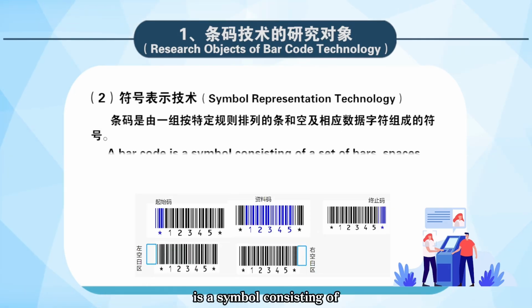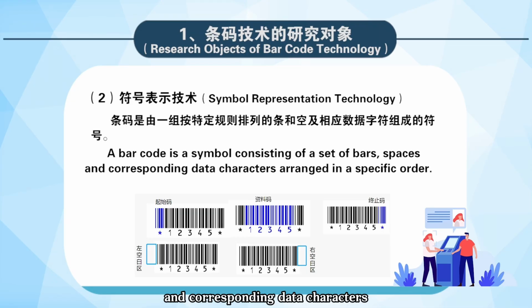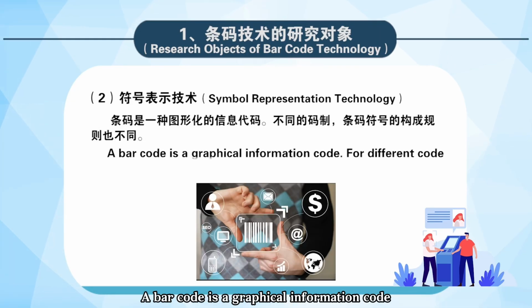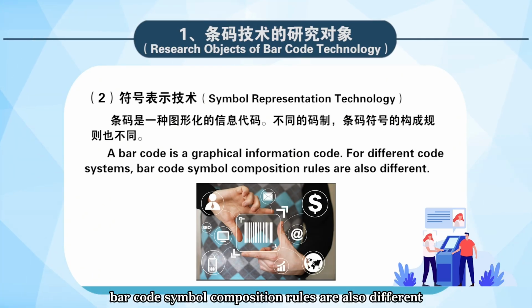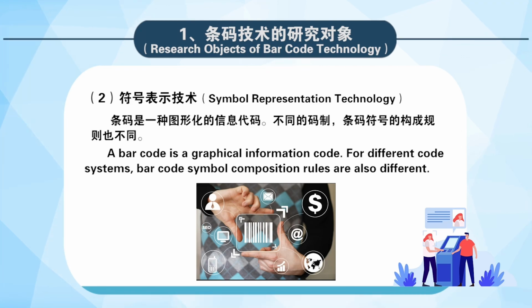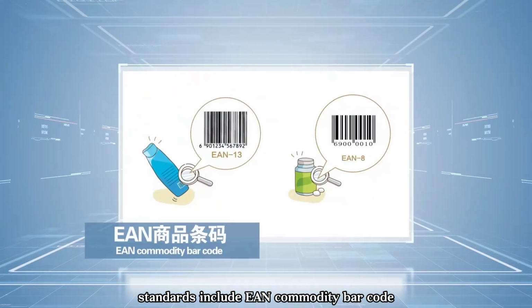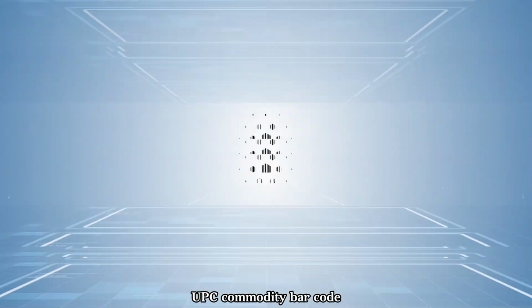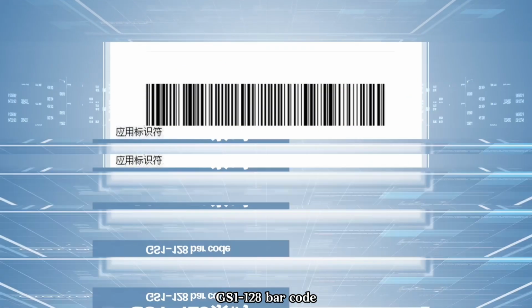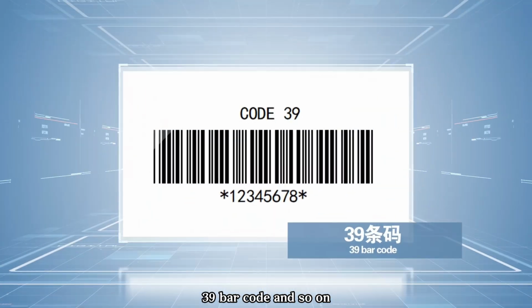2. Symbol representation technology. A barcode is a symbol consisting of a set of bars and spaces arranged in a specific order and corresponding data characters. A barcode is a graphical information code for different code systems. Barcode symbol composition rules are also different. At present, the commonly used one-dimensional barcode standards include EAN commodity barcode, UPC commodity barcode, Code 128 barcode, Interleaved 2 of 5 barcode, Codabar code, Code 39 barcode, and so on.